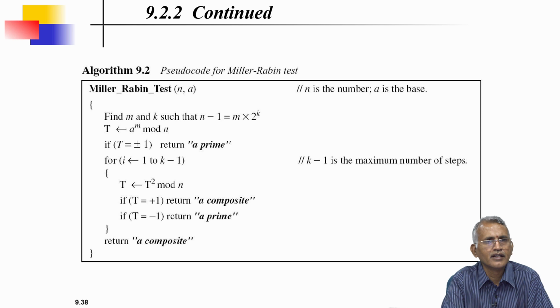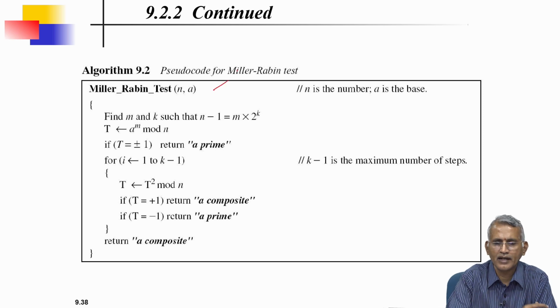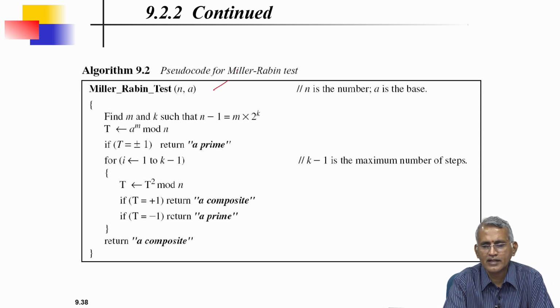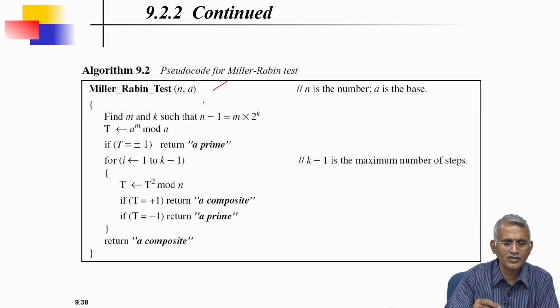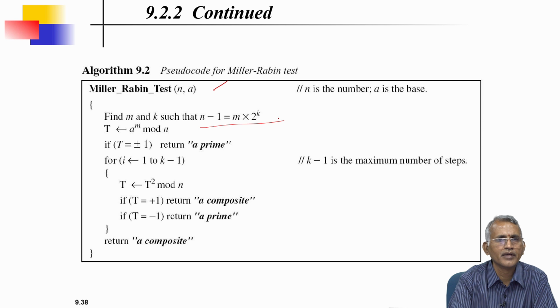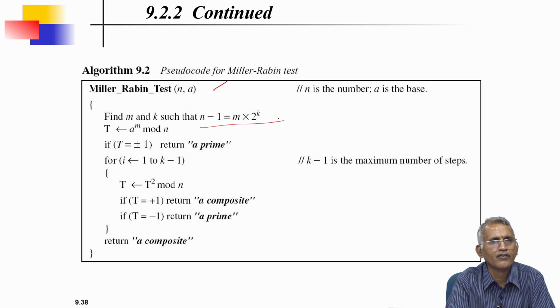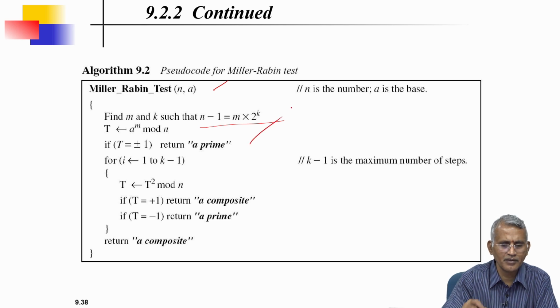Now, we have to write the code. The pseudo code for the Miller-Rabin test takes an ordered pair n comma a, where n is a number and a is a base, and finds m and k such that n minus 1 equals m into 2 power k. Let t equal a power m under modulo n. If t is plus or minus 1, return a prime.